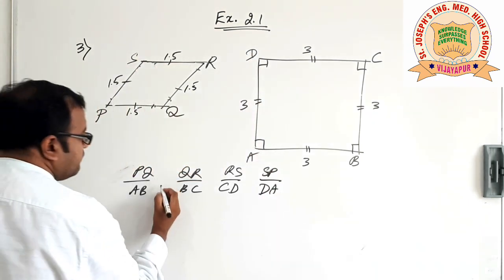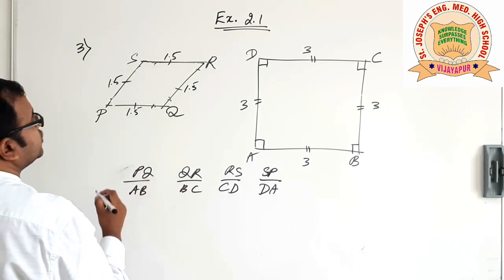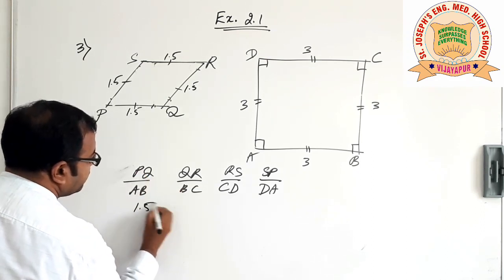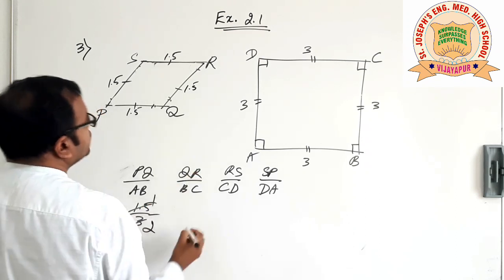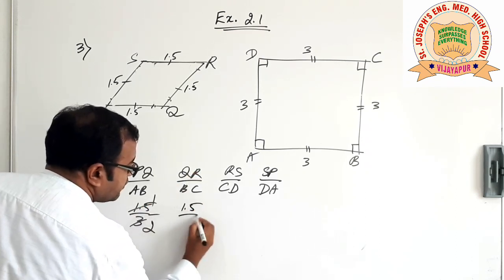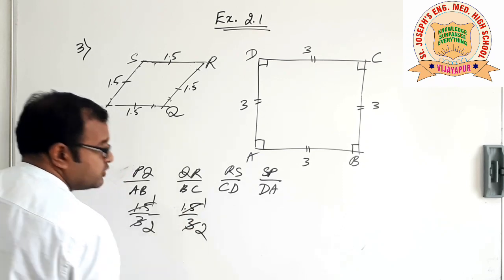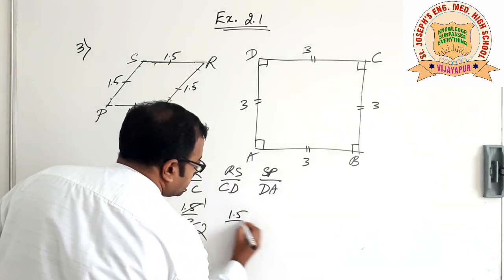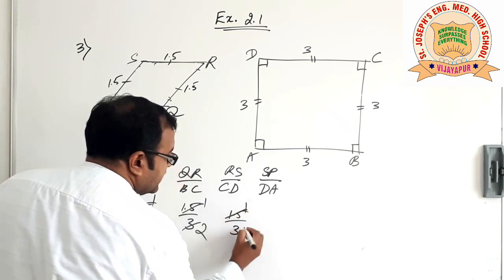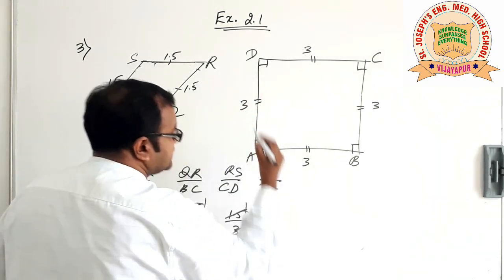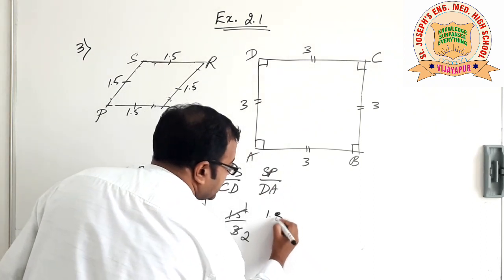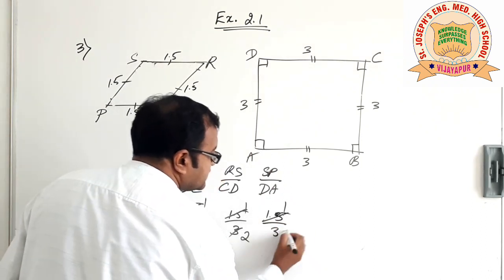If we substitute the values, let us see what happens. PQ by AB is 1.5 by 3, which is 1 by 2. QR by BC similarly is 1.5 by 3, that is also 1 upon 2. RS is 1.5 and CD is 3, so again 1 upon 2. SP being 1.5 centimeters and DA being 3 centimeters, again 1.5 by 3, which is 1 upon 2.